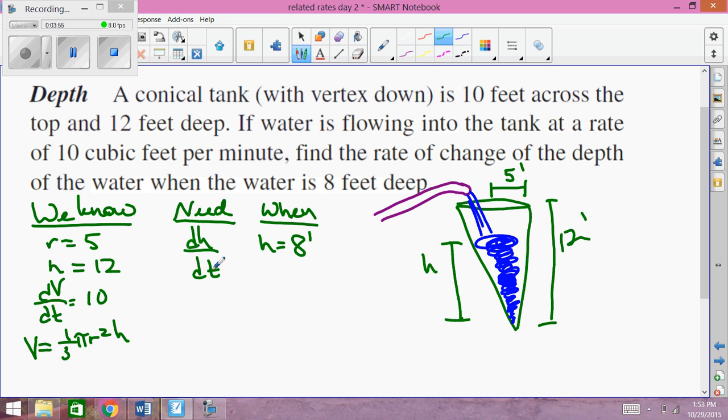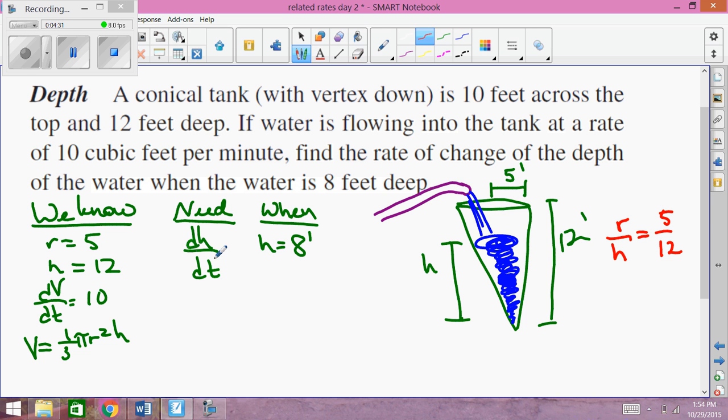So we're looking to define r in terms of h, to find some way of expressing r in terms of h. As a matter of fact, we do have a way of doing it, because we have a relationship between the radius of this cone and the height of this cone. It's a proportion. So I'm going to do a little aside. The ratio of the radius to the height of the cone is 5 to 12.